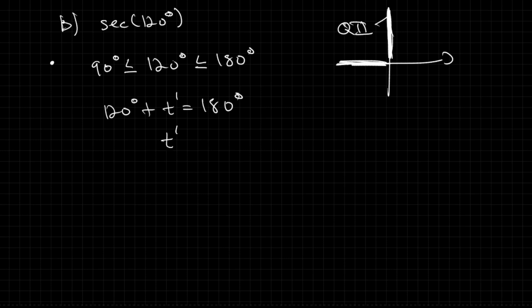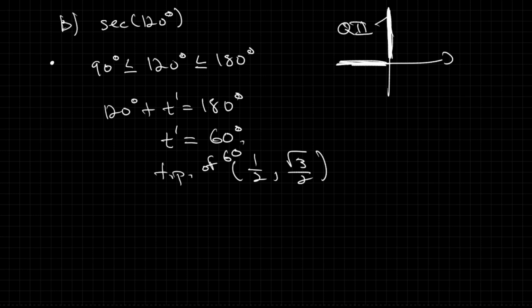And so the reference angle is going to be 60 degrees. It just so happens that for this problem and the previous one, the reference angle is the same. We're just working in degrees instead of radians. So the terminal point of 60 degrees is 1/2 comma root 3 over 2.